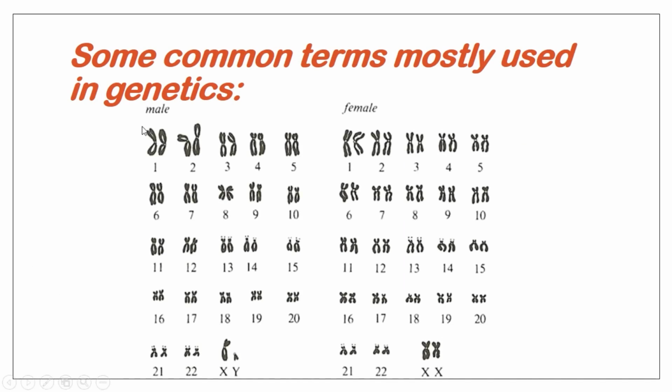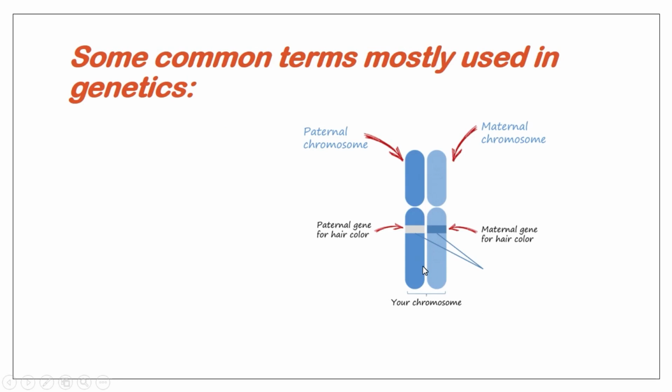We all know that humans, males and females, have 23 pairs of chromosomes, and these chromosomes are carrying different characteristics of ours, and we have pairs of chromosomes for each characteristic because we are getting one from our father and one from our mother. For example, in this picture, you have pairs of chromosomes, one from your father that we can call paternal chromosomes, one from your mother that we can call maternal chromosomes.